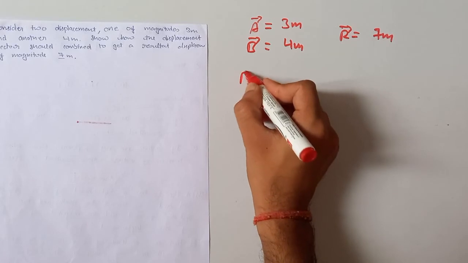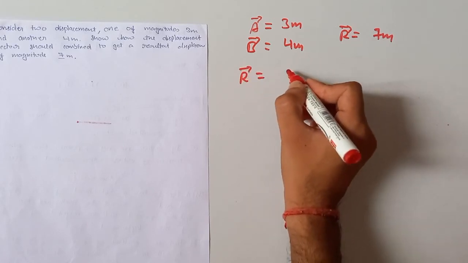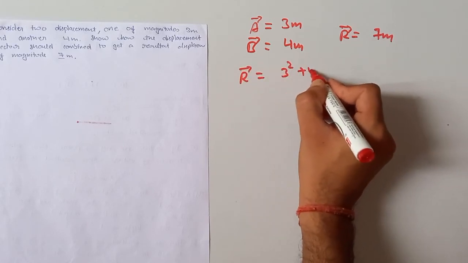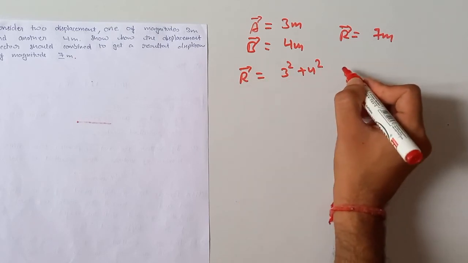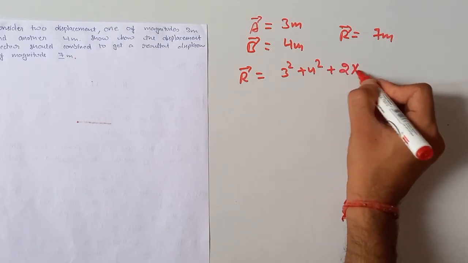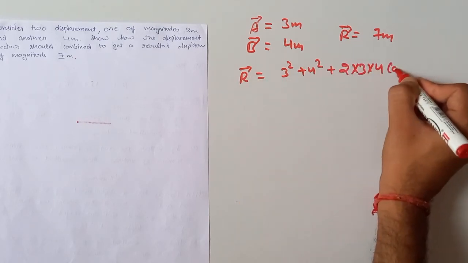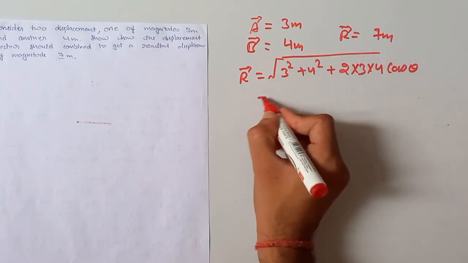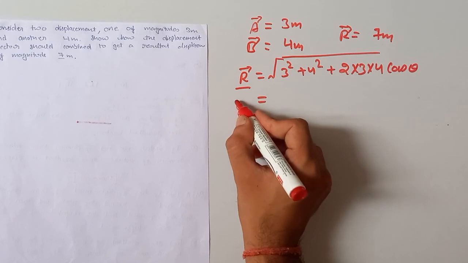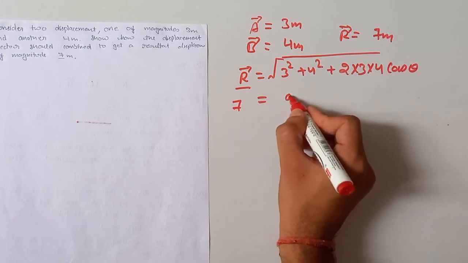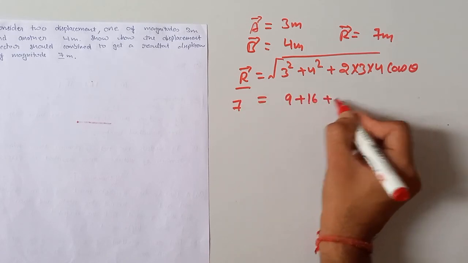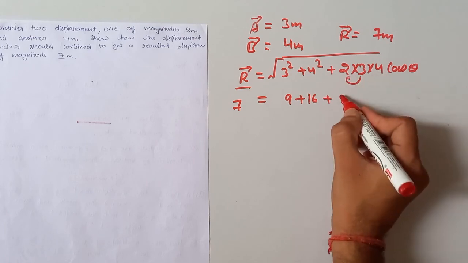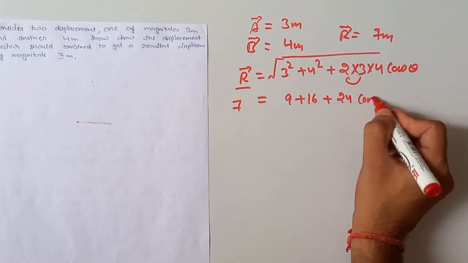Now we know that the formula of the resultant vector is the square root of 3 squared plus 4 squared plus 2 times 3 times 4 cos theta. Here the value of the resultant is 7, so 7 equals the square root of 9 plus 16 plus 24 cos theta.